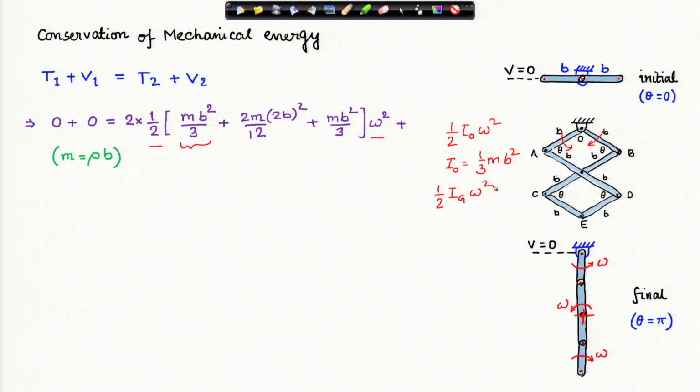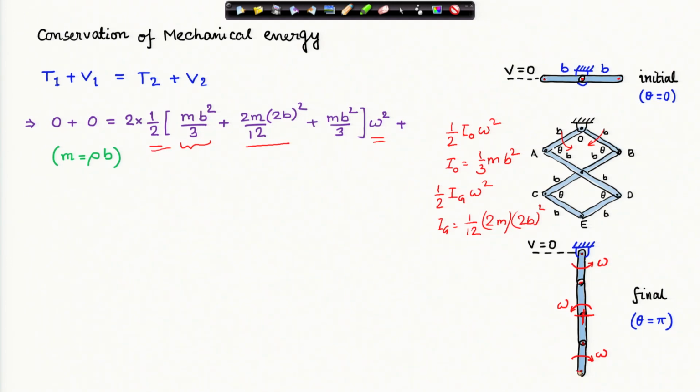Omega remains the same for all bars, and I_G is 1/12 times the mass of this bar, which is 2 times the mass of the smaller bars because the length is twice, that is 2b, times the length square. That is the moment of inertia of the longer bar AD or BC about its center of mass, and hence we have this as I_G, with 1/2 and omega square pulled out.